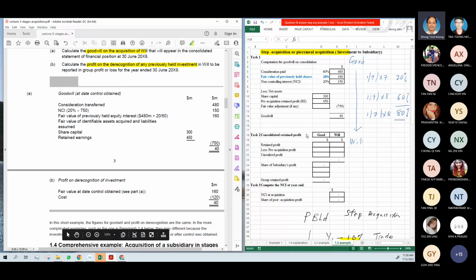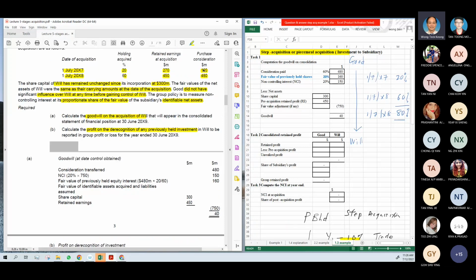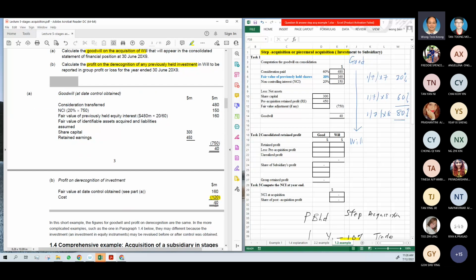Previously you had 120, from 1st July X8, 120 here. See my arrow here. Now the fair value is 160: on the fair value of the 60%, 480, the 20% is 160. So 160 compared to 120 gives 40. This one you take to your P&L.